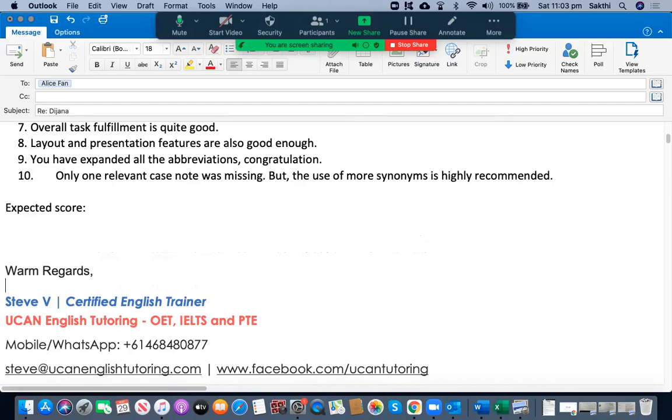So according to me, you have done a wonderful job. But to me, in order to give you 350, you should have included this relevant case note. Otherwise, I'm happy to give you 330 out of 500 for this letter.